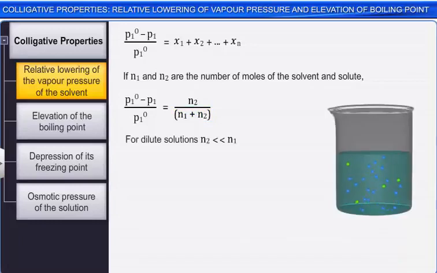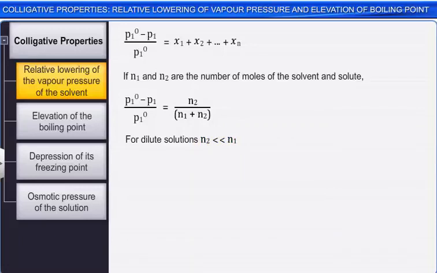If the solution is very dilute, then the number of moles of solute will be very less as compared to the number of moles of the solvent. Therefore, neglecting N2 in the denominator, we get (P1⁰ − P1)/P1⁰ = N2/N1.